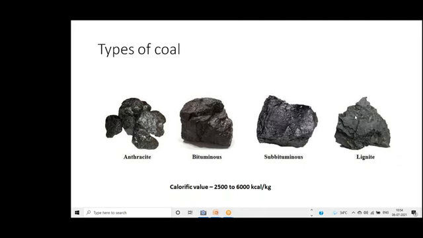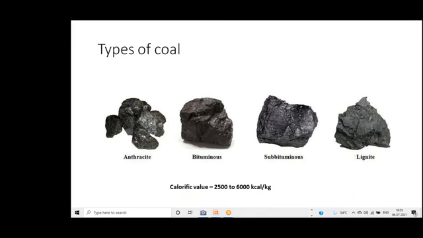Left to itself, for another millions of years, this could have become coal, but we have dug it up and taken it. There are different types of coal classifications. Calorific value for lignite will be 2500 because it has a lot of moisture content, and it can go up to 6000 in the case of anthracite coals.